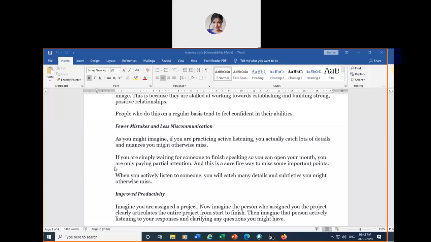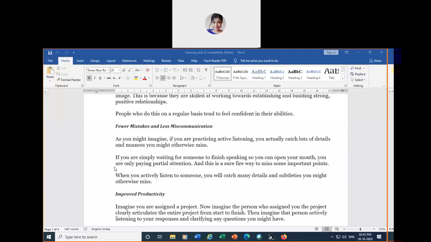But the ones who would not listen to me properly while I'm giving instructions and sharing information regarding the assignment will be confused later on. Later on, you will have a lot of doubts, and there's also the possibility of making mistakes.